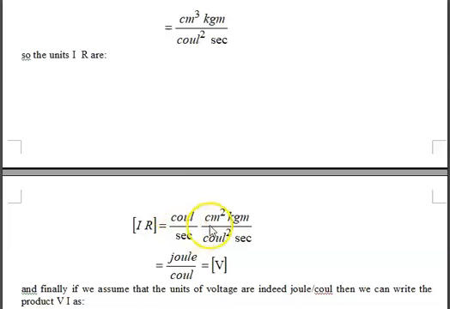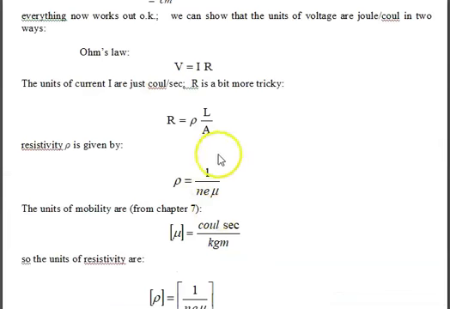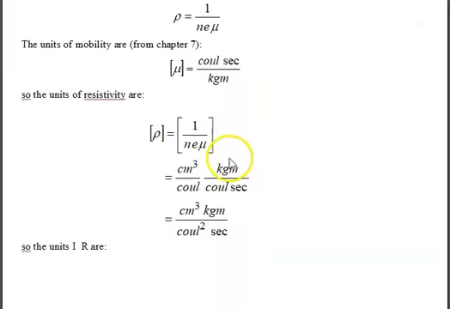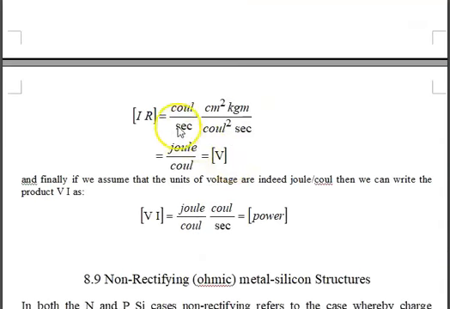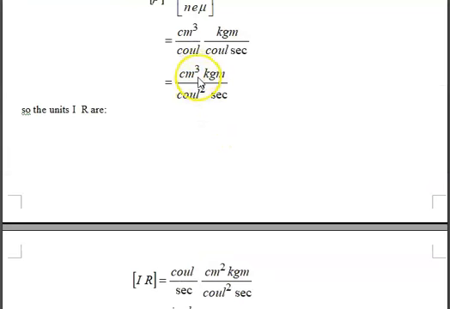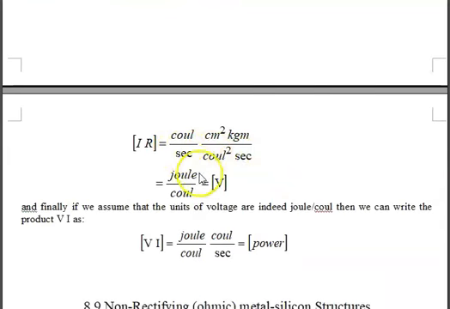This is R, centimeter squared kilogram per coulomb per second. Why did the centimeter cubed turn into centimeter squared? Because this expression here is 1 over centimeter. So I multiply the resistivity by a term which involves centimeters to the minus 1, so I cancel out one of these centimeters upstairs.